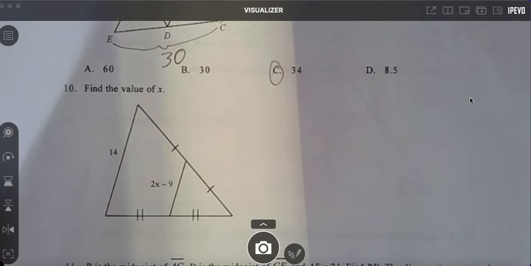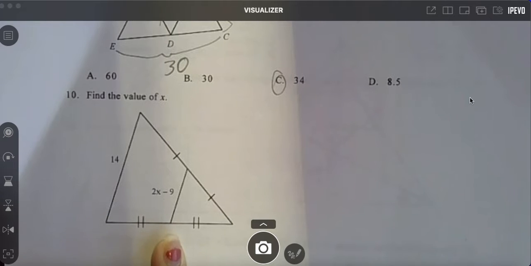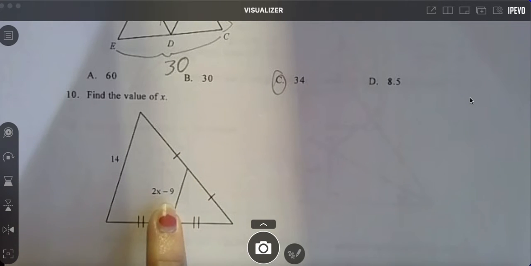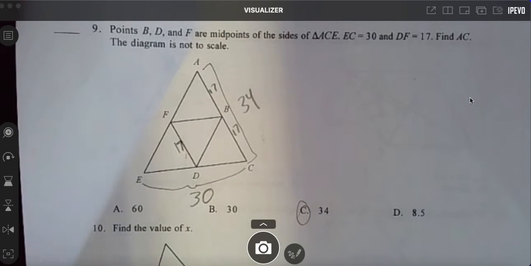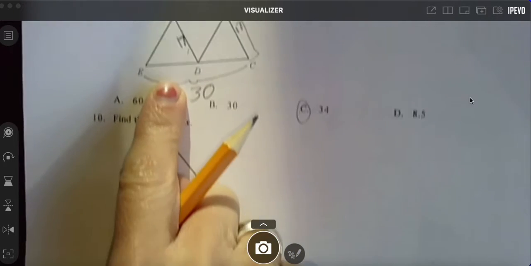All right. Find the value of x. Some of you got confused on this. This, again, is the midpoint. I know it's in the middle because, look, right here it's in the middle, and right here it's in the middle. That means this is half of that. Well, what is half of 14? 7. See, just like DF is half of 34, it was 17.